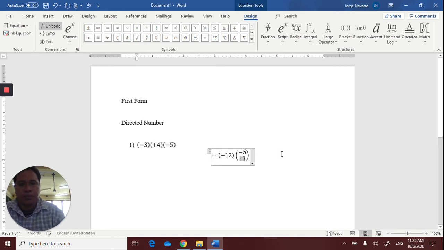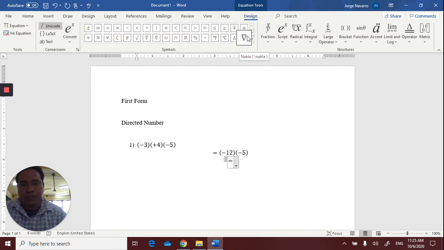So -5. Okay. And we'll continue. So equals, and now we have a negative times a negative. A negative times a negative gives me a positive, so we don't need to put the sign, and the answer there is 60. So equals 60.